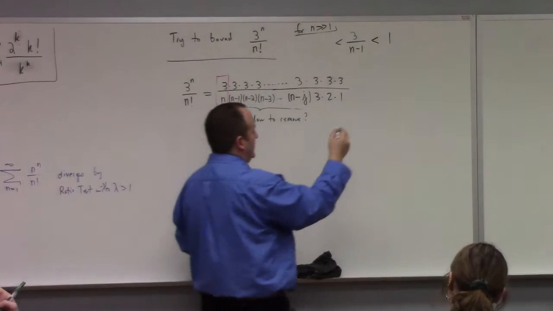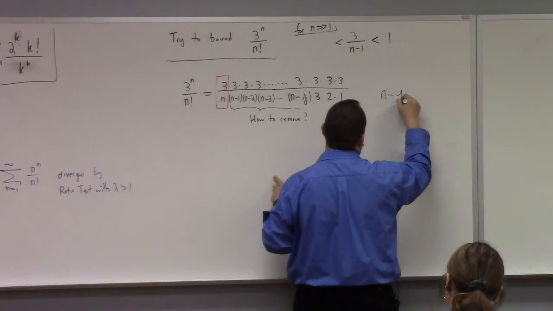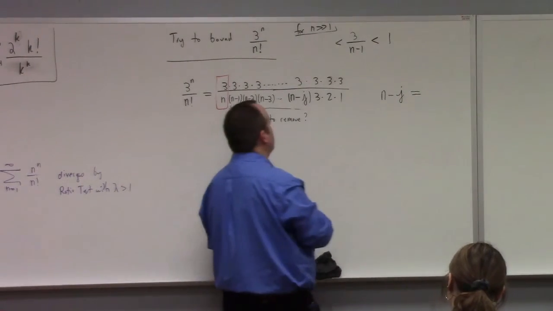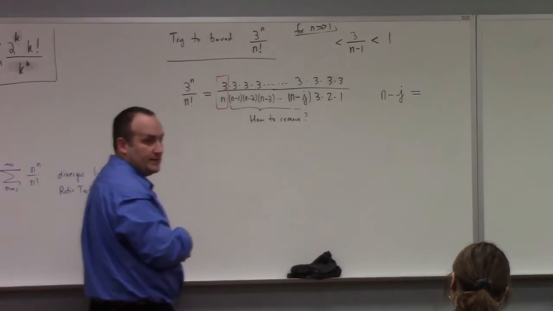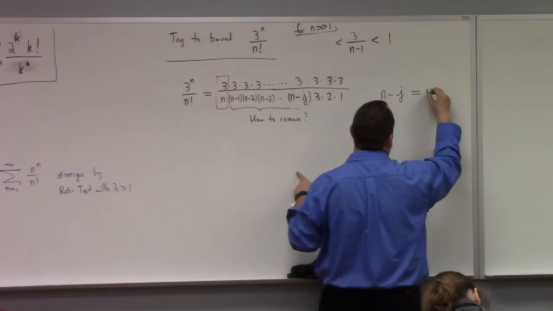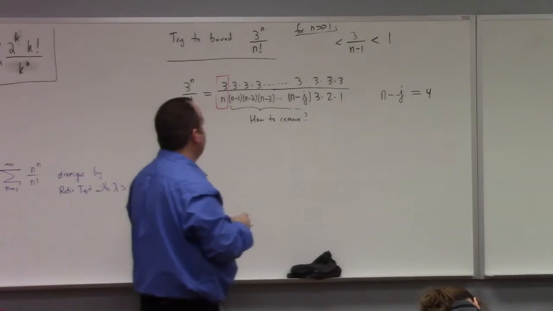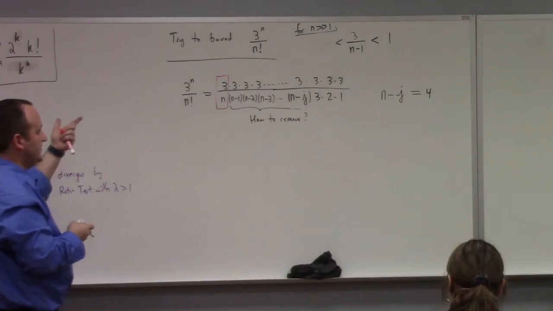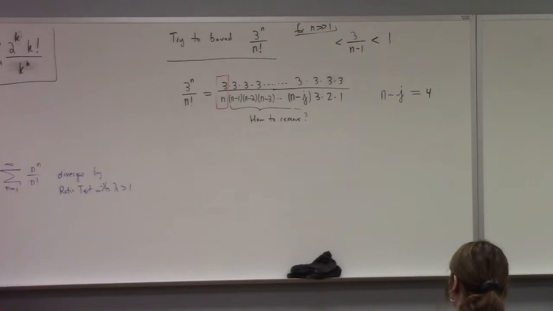I mean, n minus j should be equal to what? If this pattern is right, 4, right? And for us even to be looking at this, what are we assuming about n?